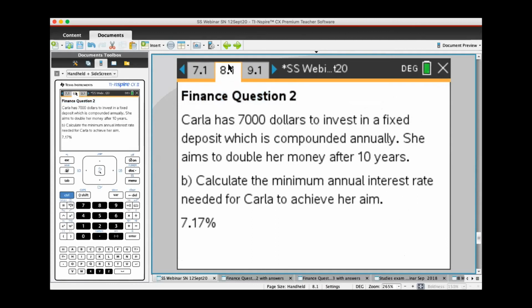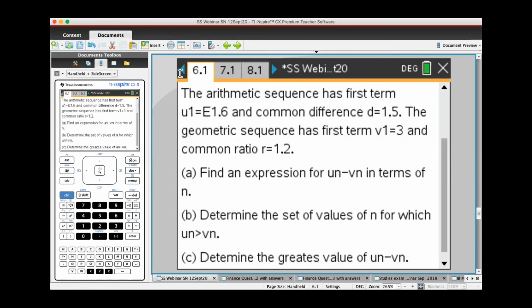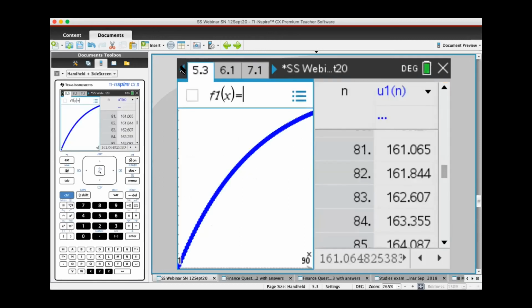Yes, ma'am. That will be better. Okay. Because I don't want to rush. This is an integrated question of the arithmetic sequence and the geometric sequence. There's a lot to it. So maybe I will take the questions now.